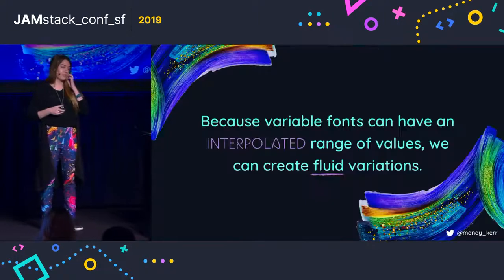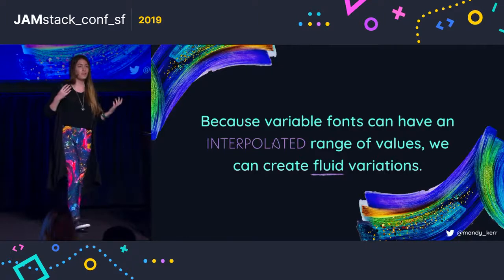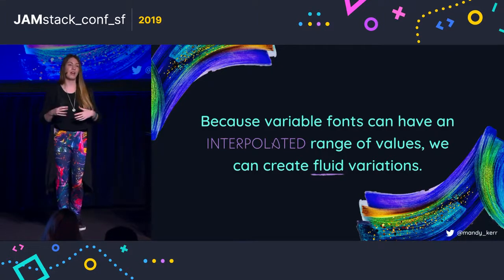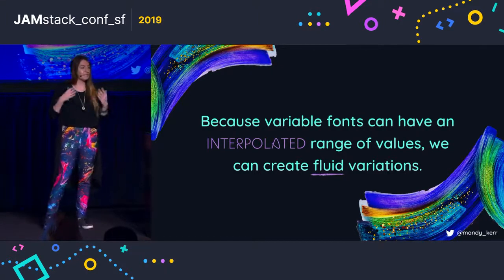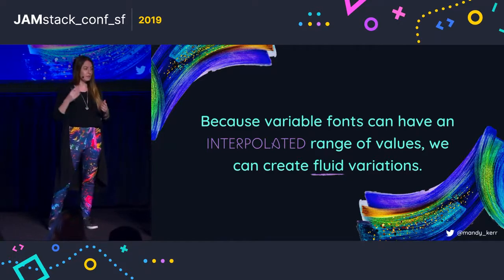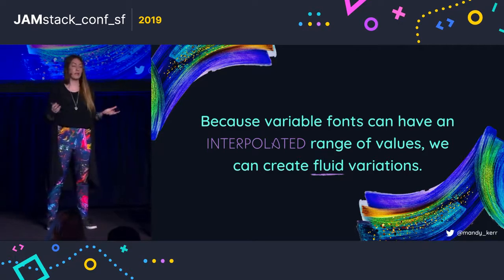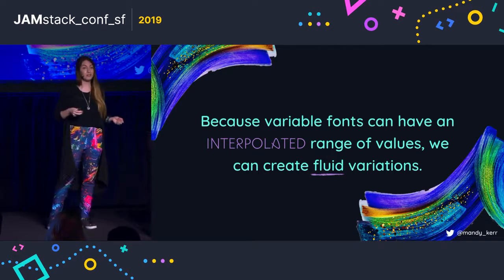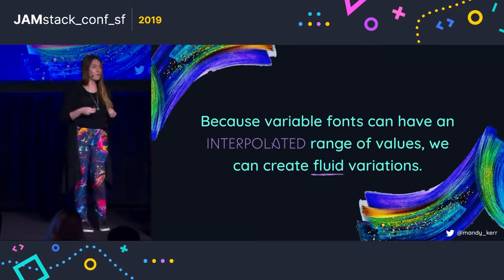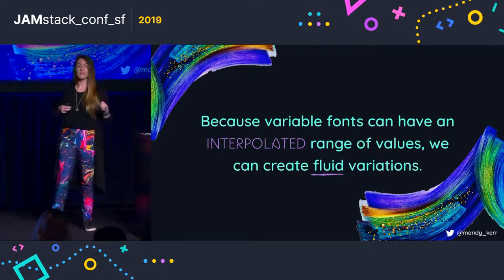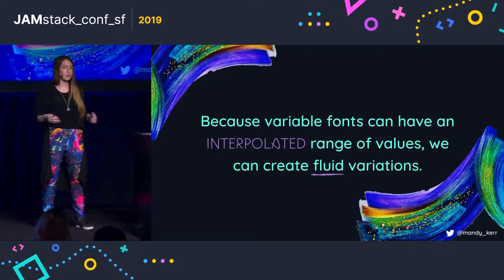But unlike print, we can embrace the interactivity and the flexibility of the web. And because variable fonts have that interpolated range of values, we can start to create animations or transitions with our text, which is something we've never been able to do without something like SVG or Canvas or JavaScript.